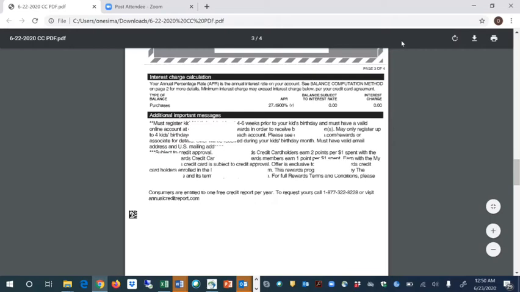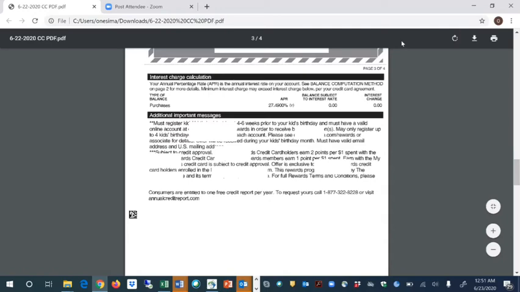The D. The D means your credit card company uses the daily balance method to calculate your interest charges. This method totals up your actual daily balance on every day of your billing cycle and multiplies this by the daily rate, which is 1 divided over 365 days of your APR.